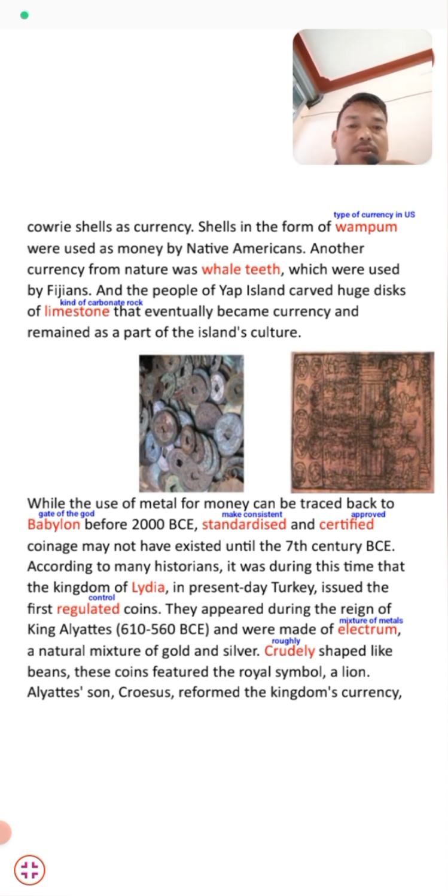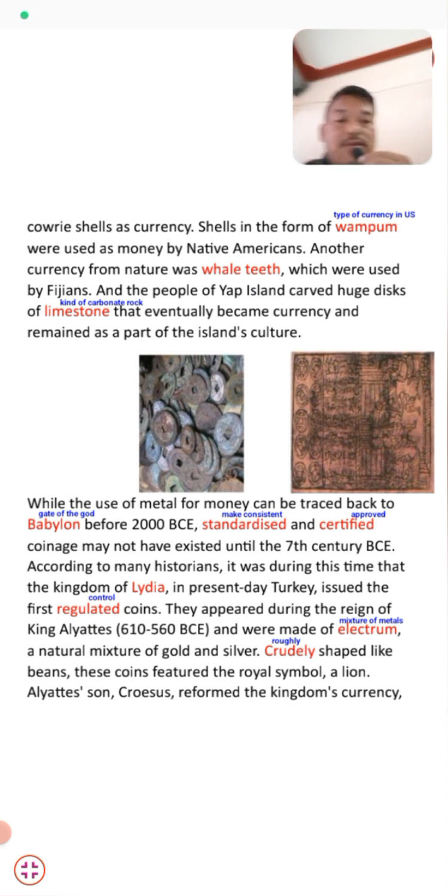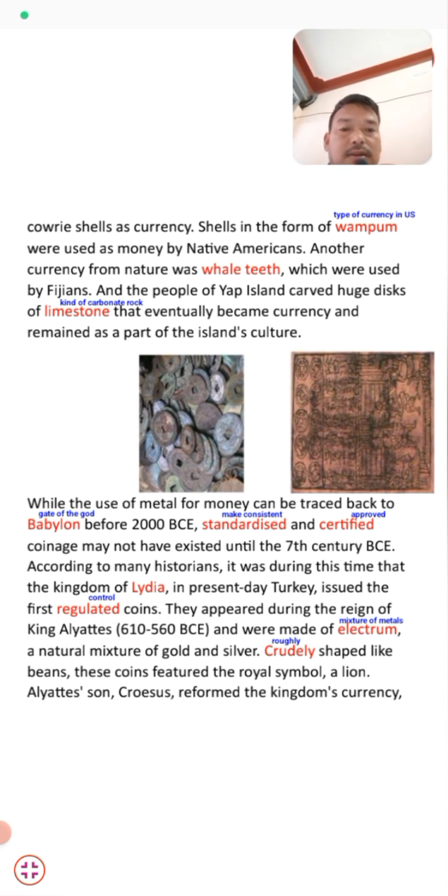A new coin was introduced, made from a mixture of metals called electrum, which was a combination of gold and silver. It was a coin made from that metal called electrum, and this was the new form of metal currency.